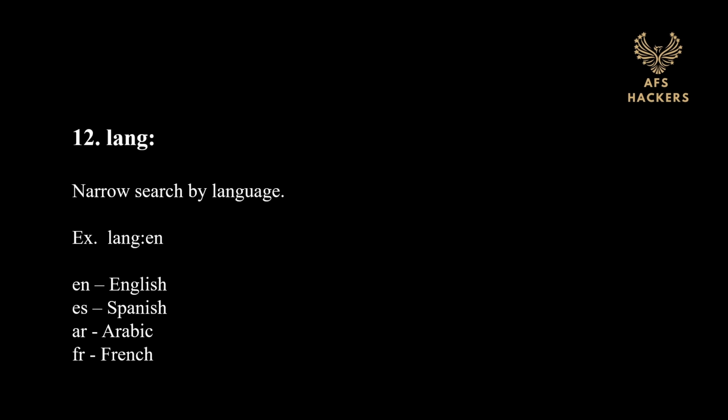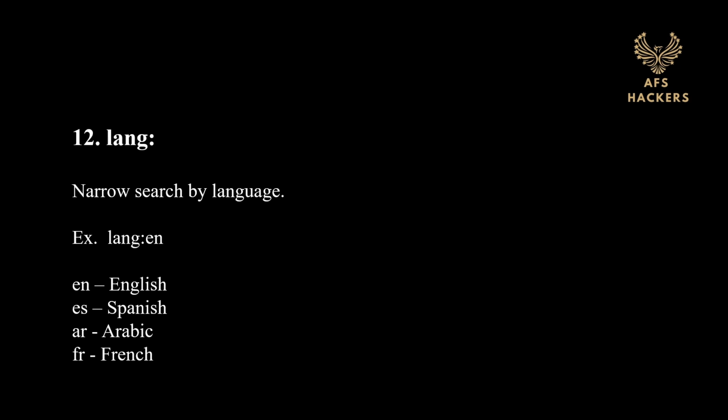Filter number 12 is lang, where lang is short for language. It narrows the search by language. We can use this filter to search for a specific language document. So EN for English, ES for Spanish, AR for Arabic, FR for French.